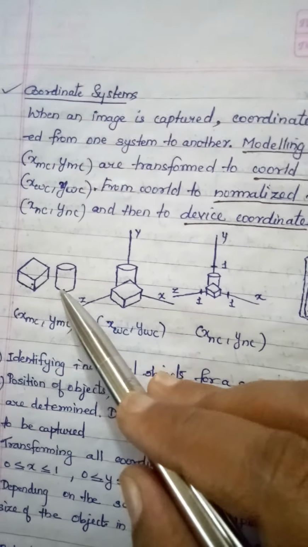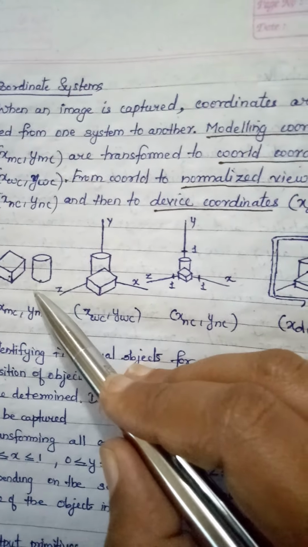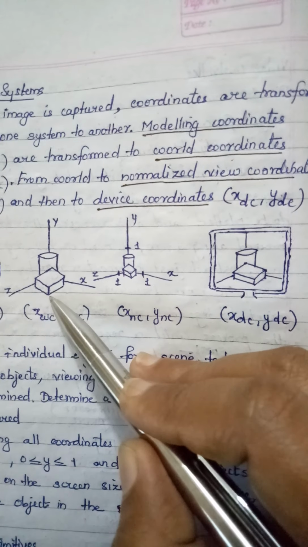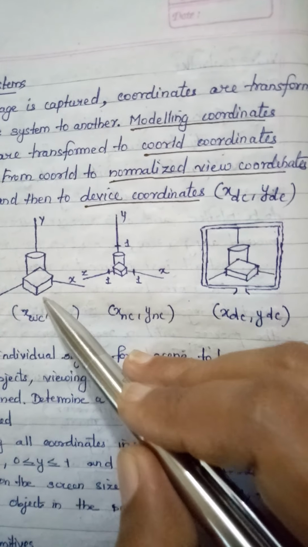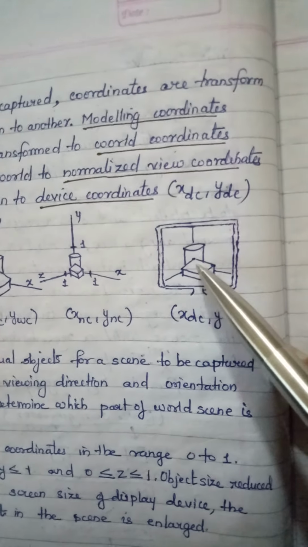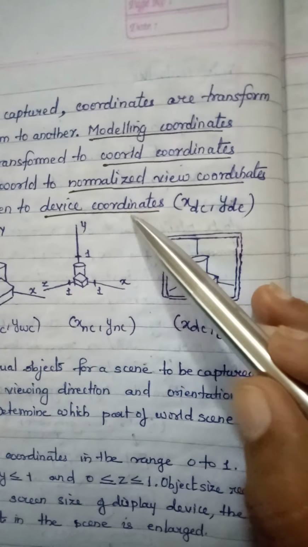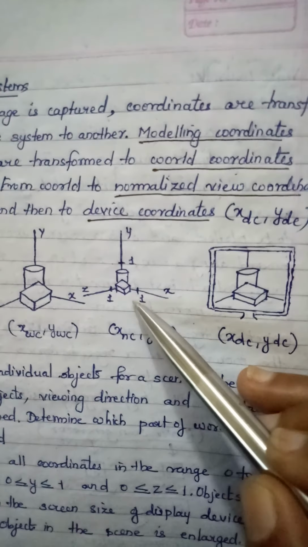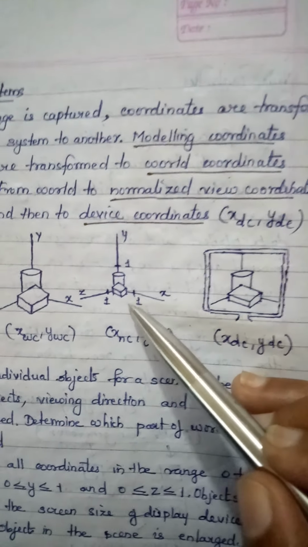Clear? So now you know what is a modeling coordinate, what is a world coordinate, and from the world coordinate, when you take a photograph, the image is transferred to the screen of the display device which is called device coordinates. Now let me tell you what is this normalized view coordinates.